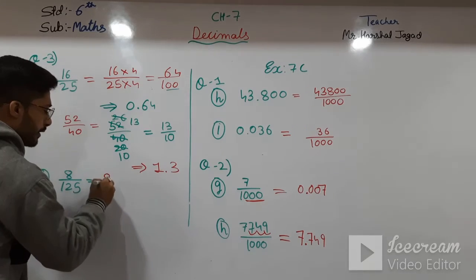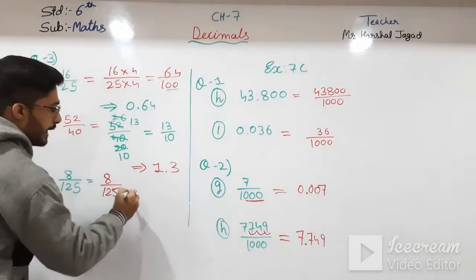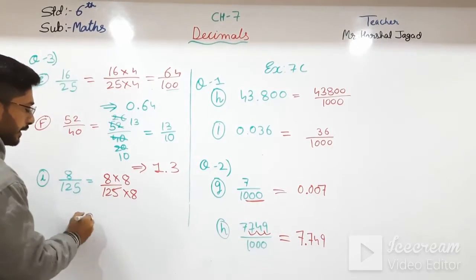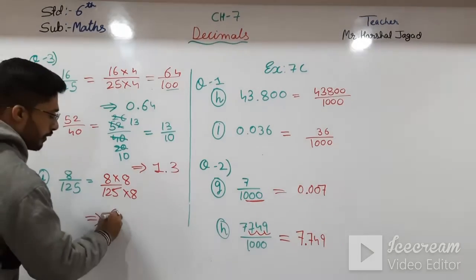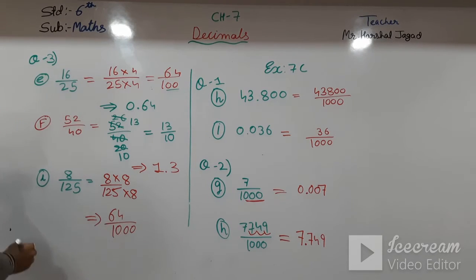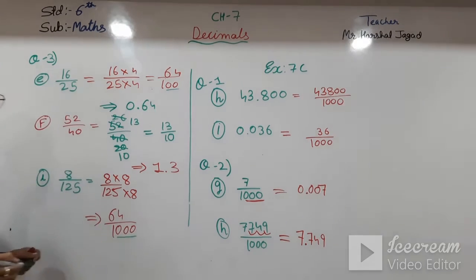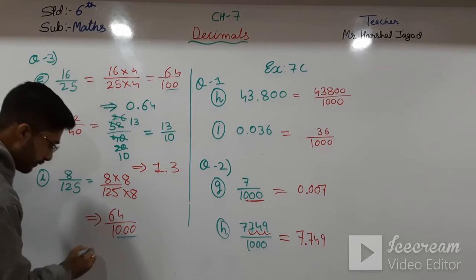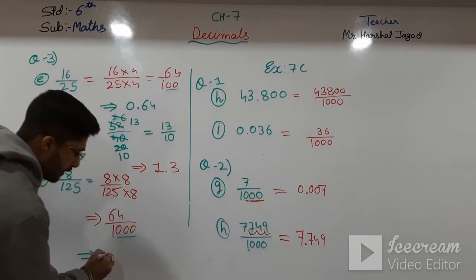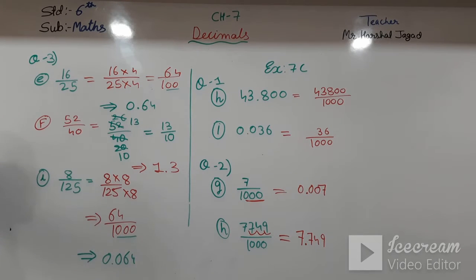So 8 upon 125, into 8 into 8, so 8 8s are 64 upon 1000. Here there are 2 digits and here there are 3, so 0.064 is our answer. Please note down, students.